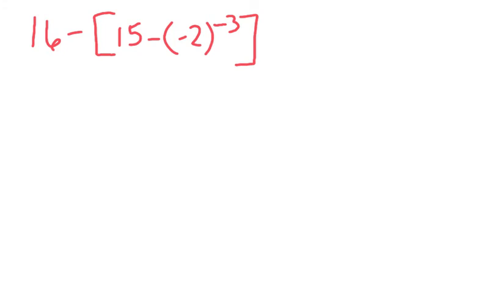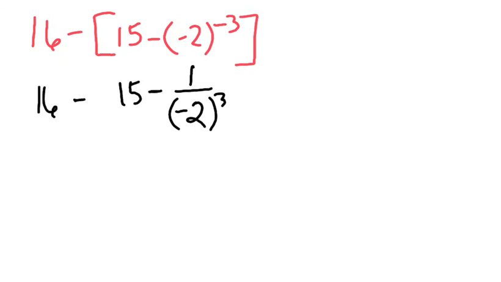The first thing I need to do is take the -2 to the -1/3 and get that straightened out. Well, that's going to be, put the -2 down here, change that to a 3, put a 1 up here. Then everything else stays the same. That's still 15 minus, and this is still 16 minus, and there's still brackets.